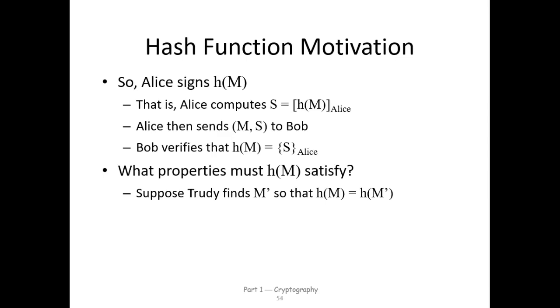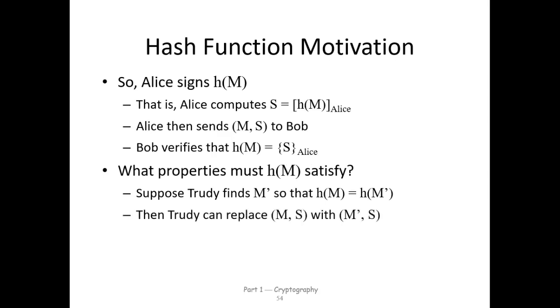Now how does Trudy find a message, claiming to be an authorized sender, and send it to Bob? What properties must h of m satisfy so that Trudy cannot find such a message? Suppose Trudy finds m dash so that h of m equals h of m dash, an alternative value.